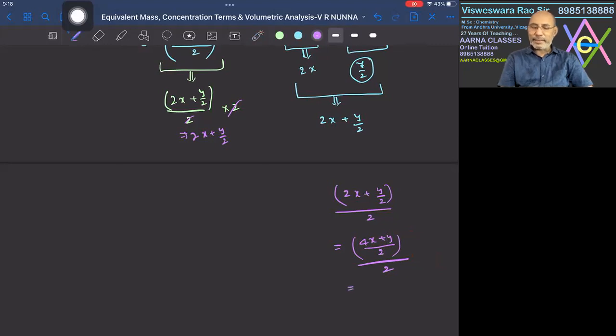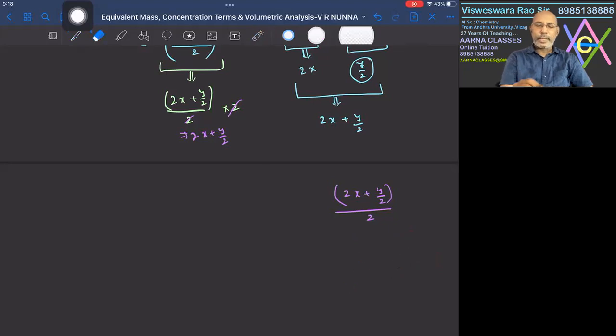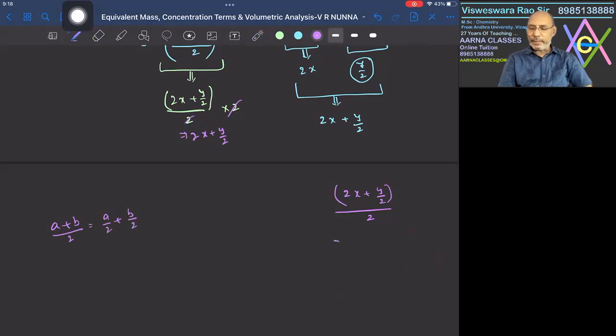Otherwise, I will do it in a different way, with no LCM, nothing. The easy way: (a plus b) by 2 can be written as a by 2 plus b by 2. So I write 2x by 2 plus (y by 2) by 2.